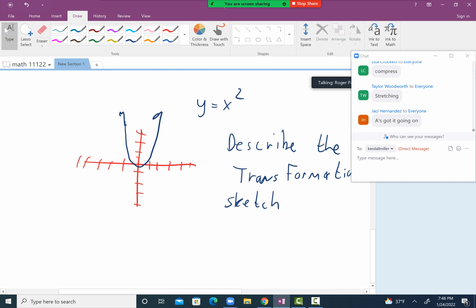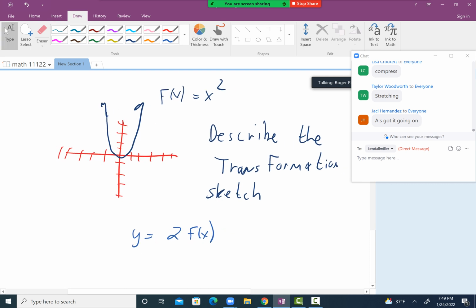So let's look at that. So here I'm going to put some down here. Now I'm going to change this just a tad bit here. Let me do f of x equals. Sometimes what they'll do is they'll go, okay, y is equal to 2 times f of x.